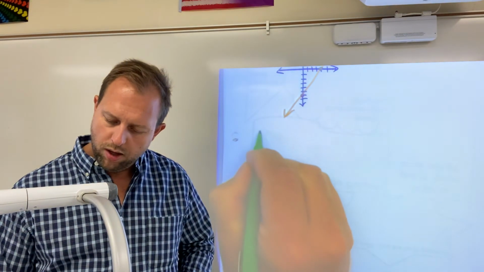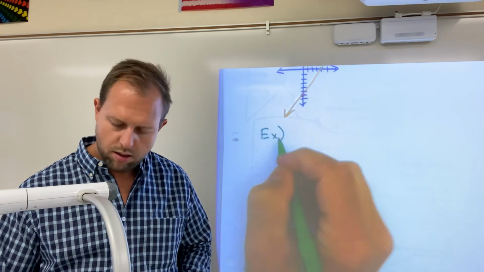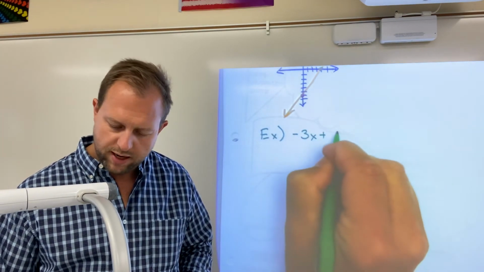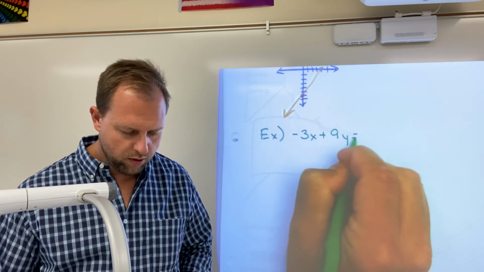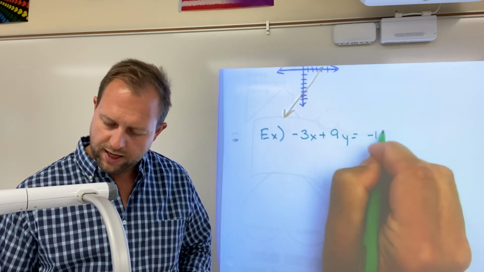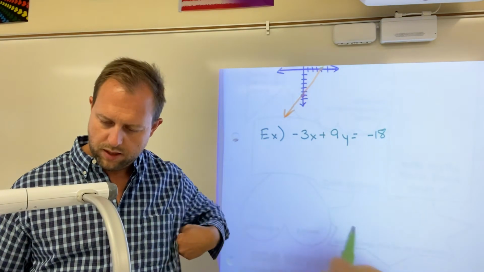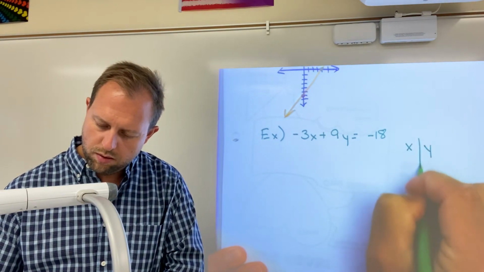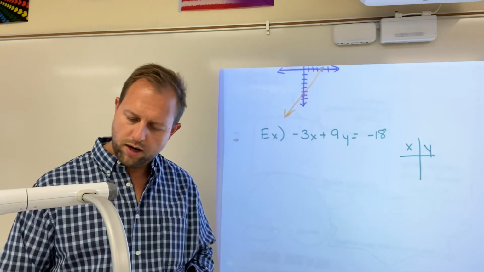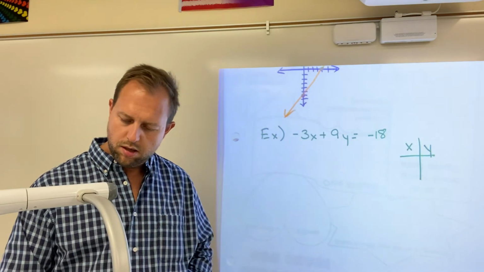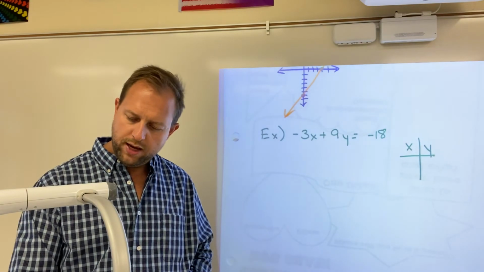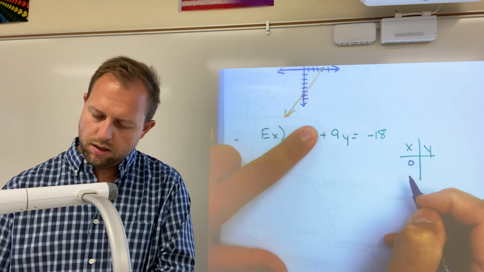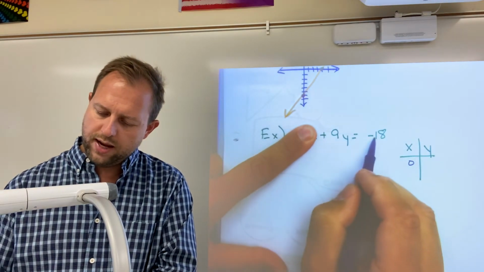Connect them, and we have a graph using our x and our y intercepts. Second example, -3x plus 9y equals -18. Again, we're going to make an x, y table to record our points. If we put in a 0 for x, 9y equals -18.